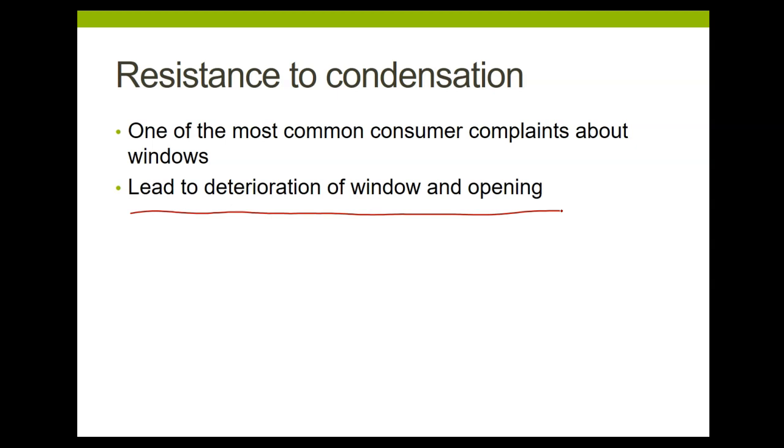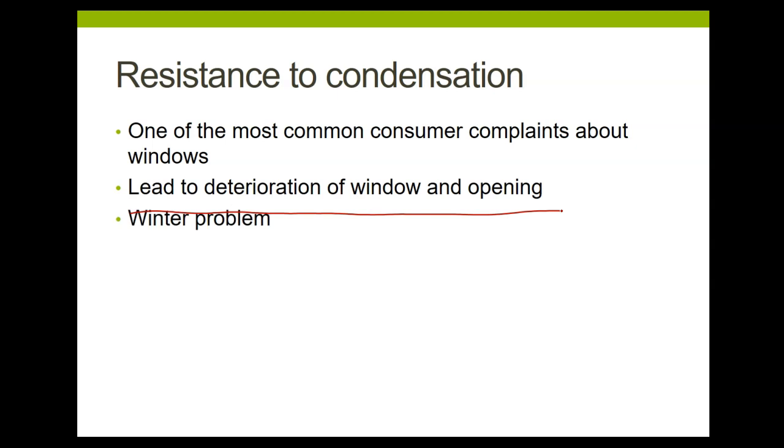The condensation will start to ruin your mechanism, ruin your wood, and over time it also builds a lot of junk in the channels. So it's not a good thing to have the window condensating and dripping all over your place.